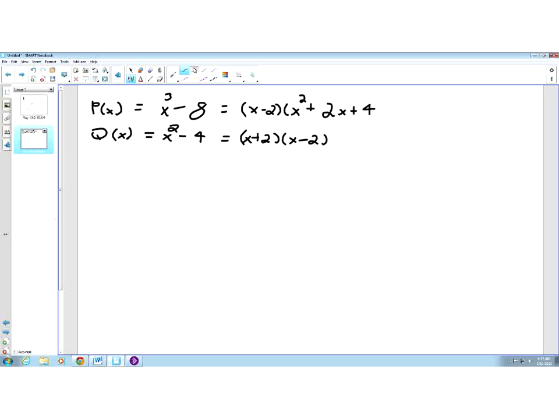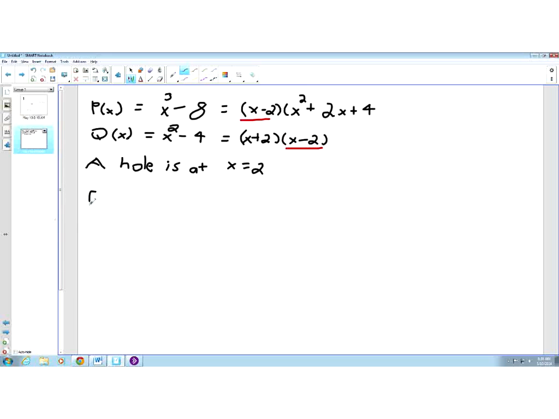Okay, so we've got a common factor right here, x minus 2. So the takeaway is that a hole is at x equals 2. So now we need to find the coordinates of the hole.